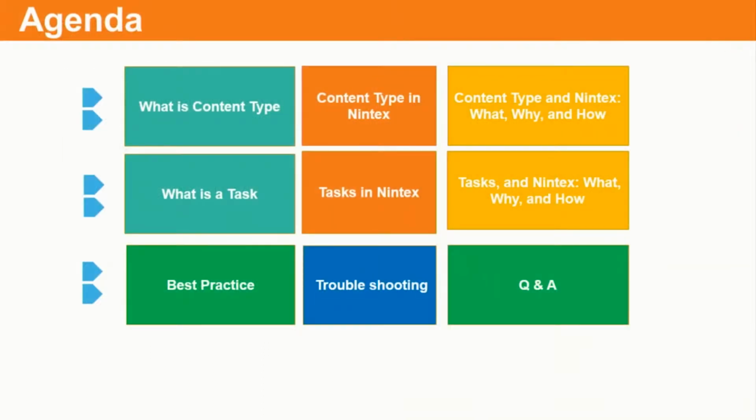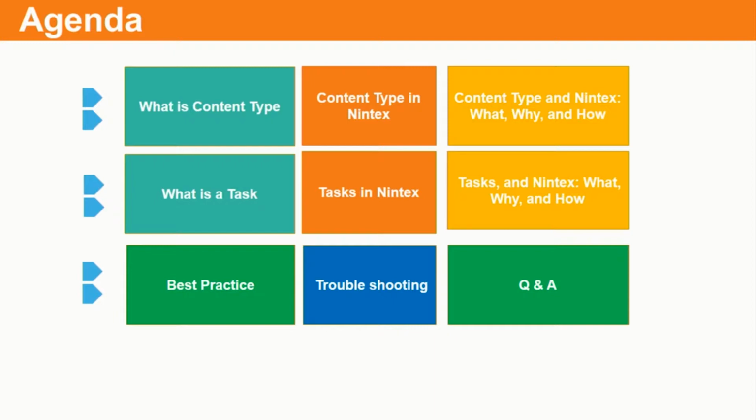Okay, so today, what are we going to see? Our agenda will be content type, what it is in terms of SharePoint. Then we will see how we use it in Nintex product. And then we're going to touch on what could go wrong and how we can get around it, and how we can avoid it in the first place.